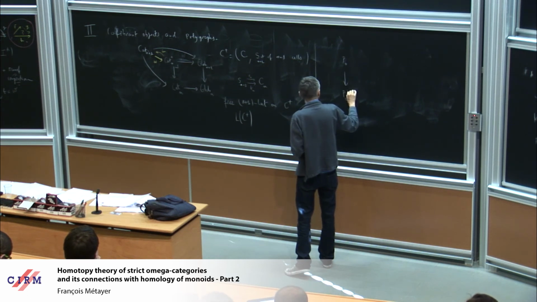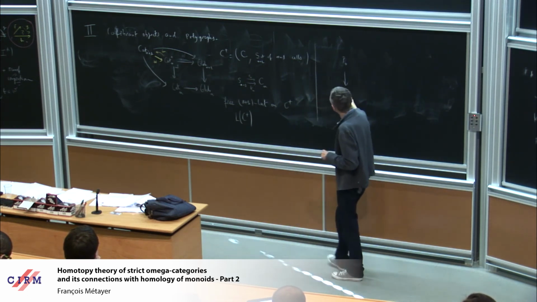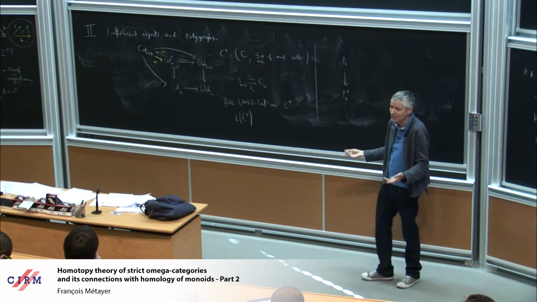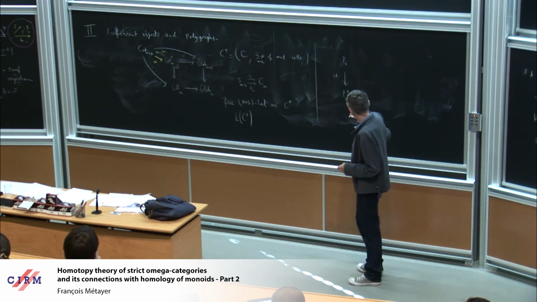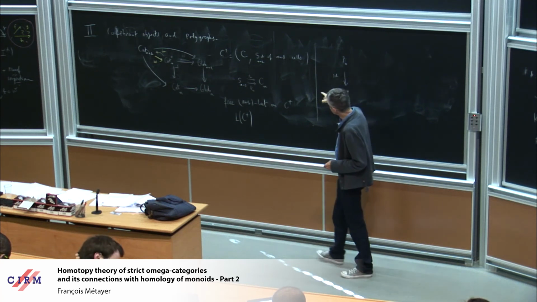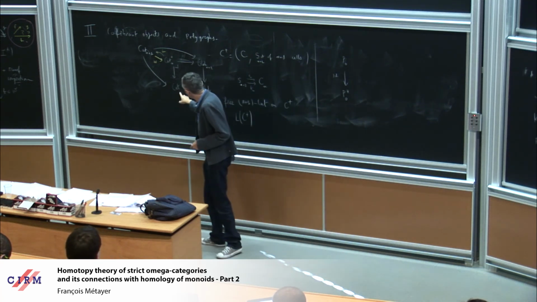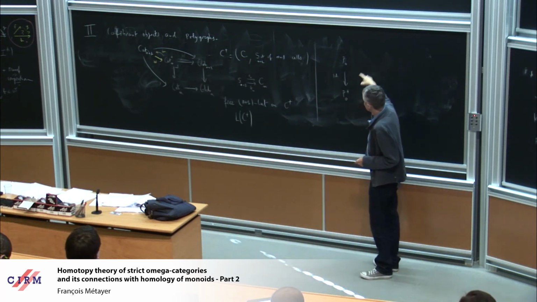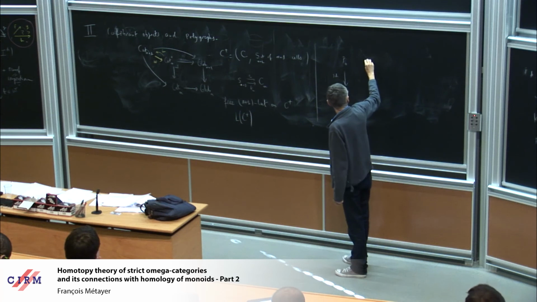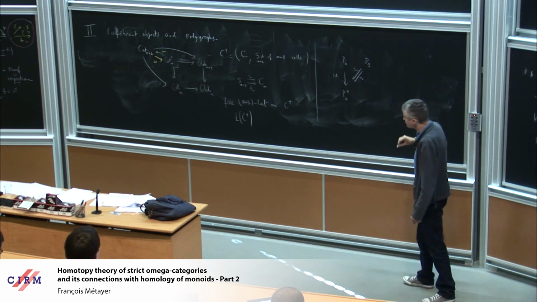There nothing happens, so you generate freely the same object, so that's the identity, of course. And then in cat 0, which is set plus, you take simply a set P1 of 1 cells with source and target, S1, T1, like this.